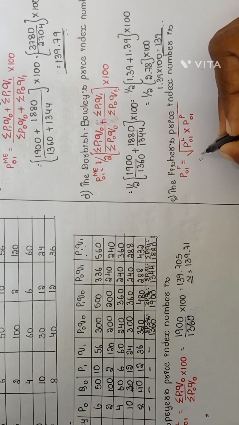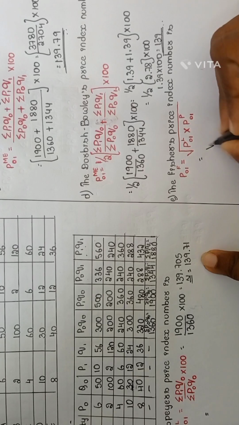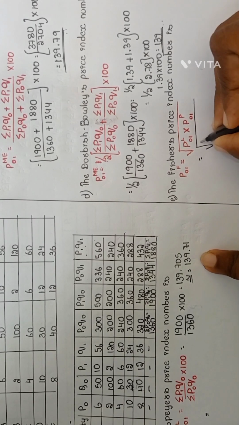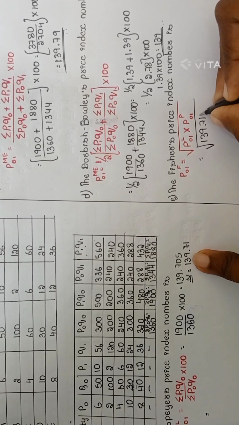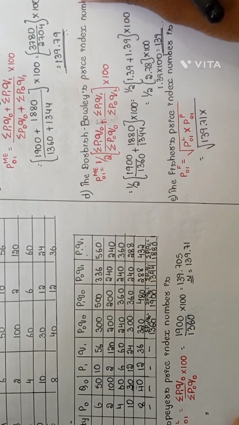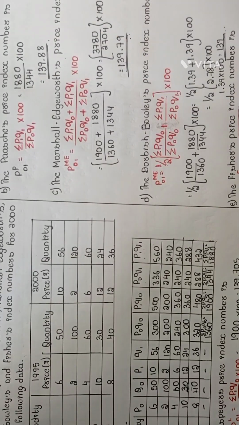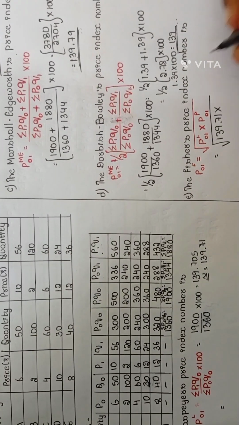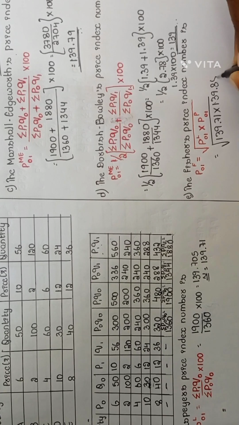Okay, already we have a last price index answer. First let's write the root. 139.71 into, and we have answer of purchase price index number, that is 139.88. Let's write 139.88.